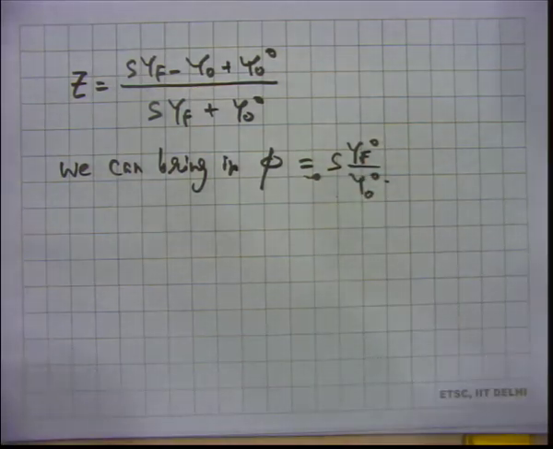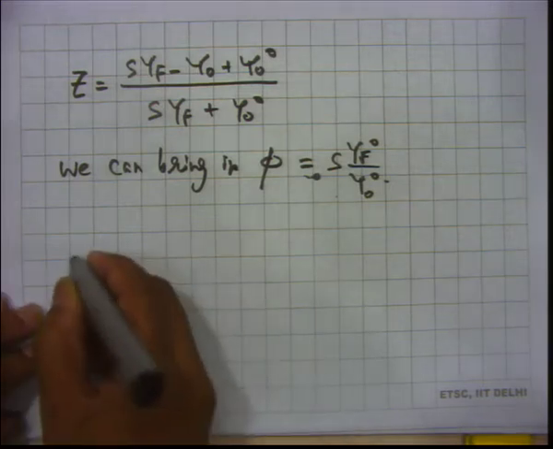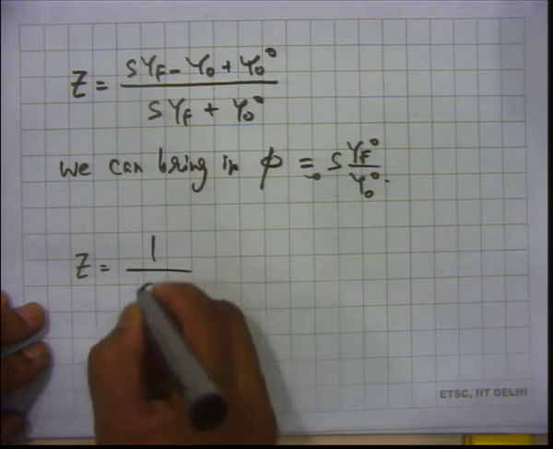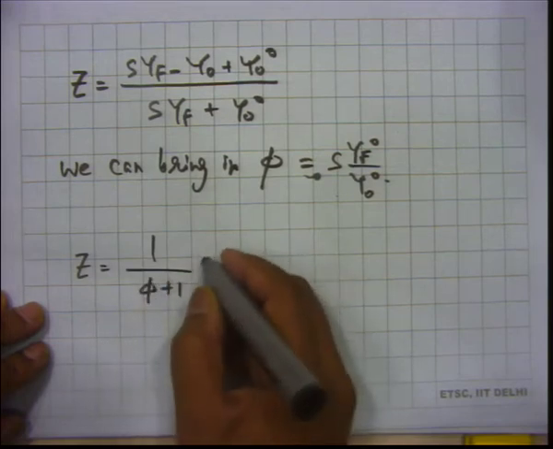So how do we do this? This z is 1 over phi plus 1.